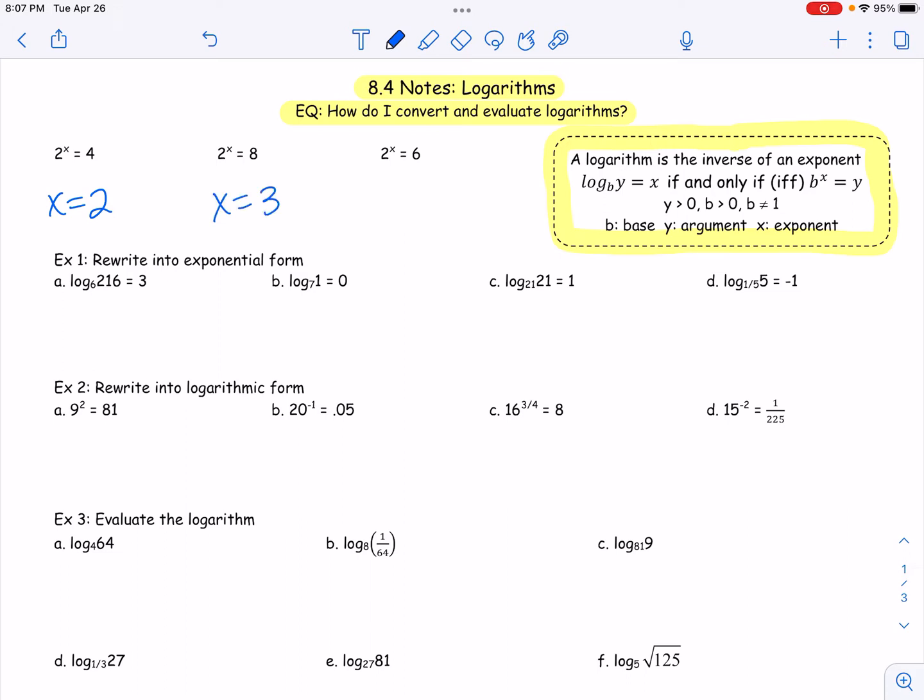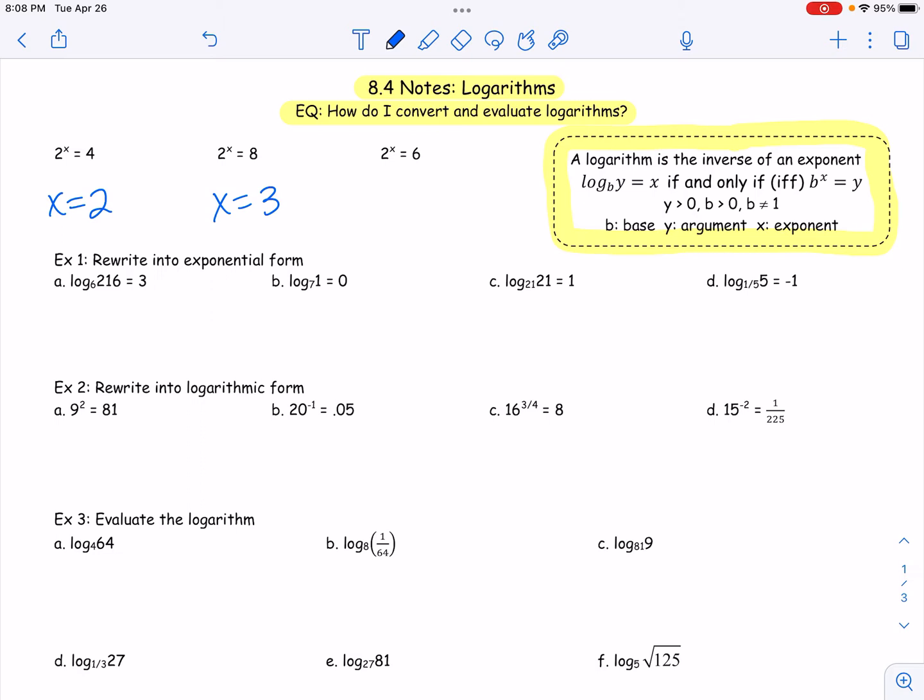But when I see something like 2 to the x power equals 6, I don't know off the top of my head what value of x makes that a true statement, because that's not going to be a whole number, right? So this is where we have to introduce and use a logarithm. A logarithm is the inverse of an exponent. So when we are solving for that exponent, that's where we use logarithms.